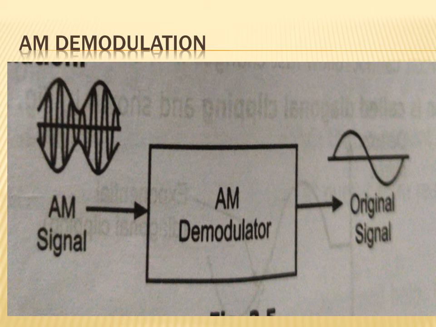So what is demodulation? Demodulation is exactly the opposite process of modulation, in which the carrier signal is suppressed or removed and the original modulating signal is obtained.